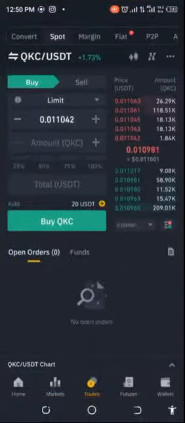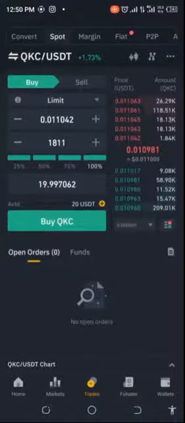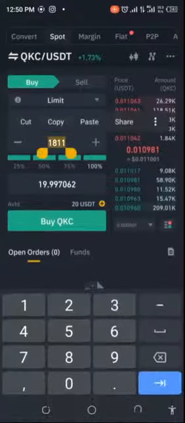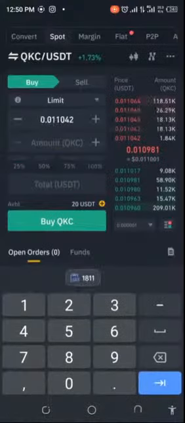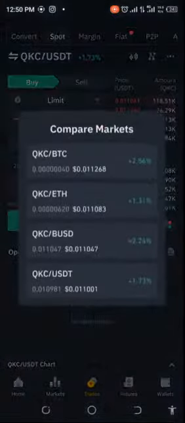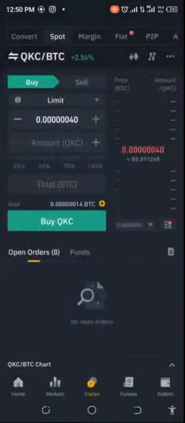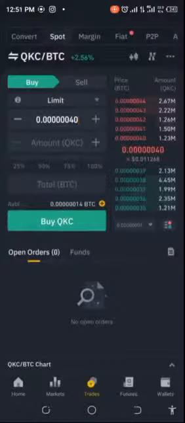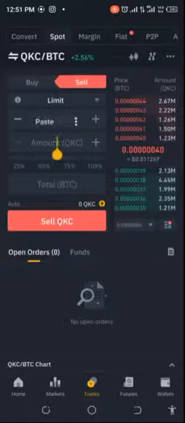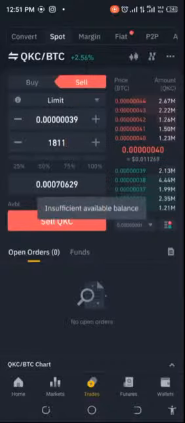I'll pick my first red here, put the 100%, and pick out the 1811. I'll also go to the BTC side and pick out the first green, because don't forget I want to sell. I'm going to put all my QKC there. What do I get?